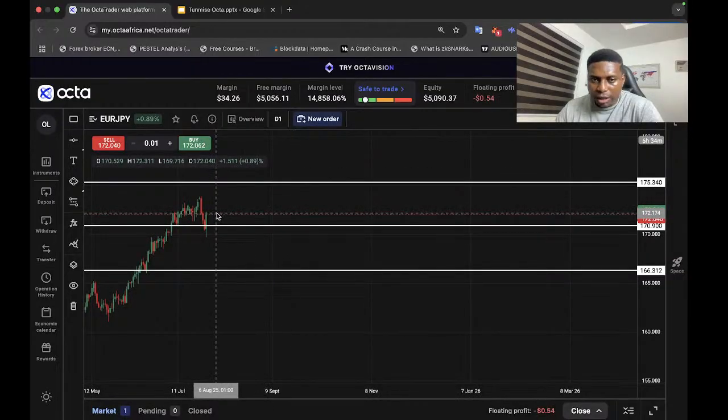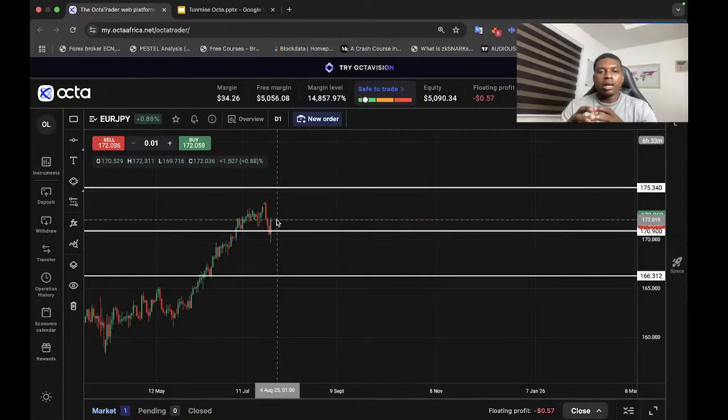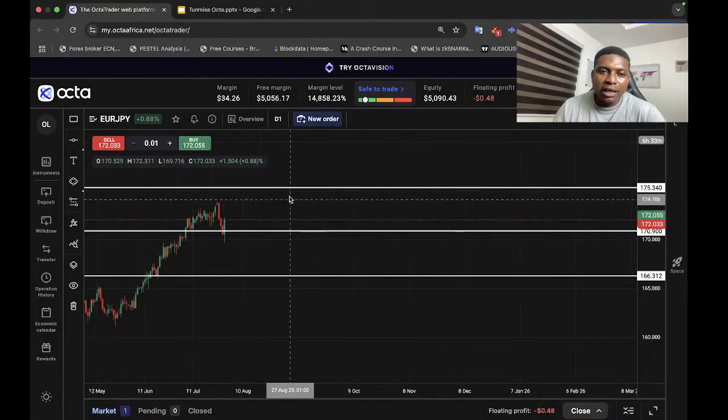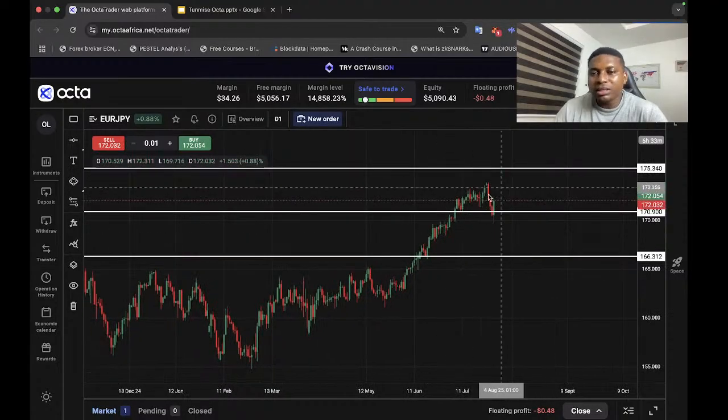Now we need to be clear if this movement is a temporary pump or a long-term price movement. Looking at this level, it's very clear that there is still sell momentum in the EURJPY market.